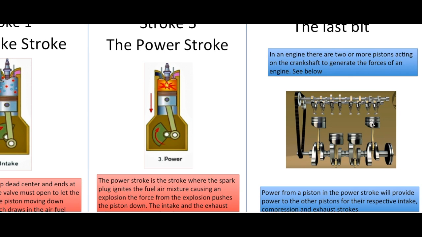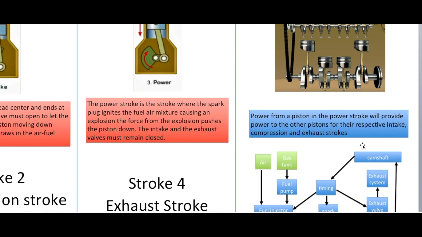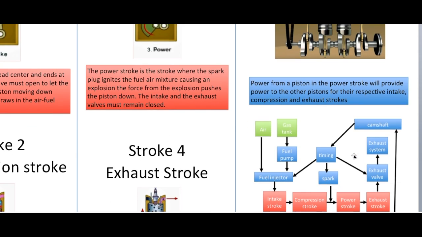So if this one is in its power stroke and this one's in its compression stroke, it has the power to compress that mixture, and it isn't just 1 piston. So it has to have 2 or more pistons. And then power from a piston will provide power for the other strokes. Basically what I just said.